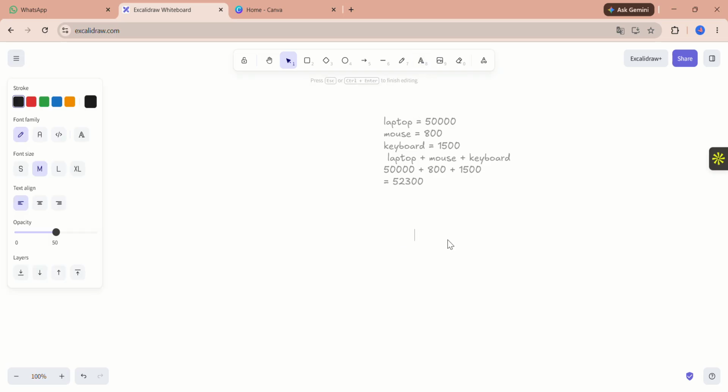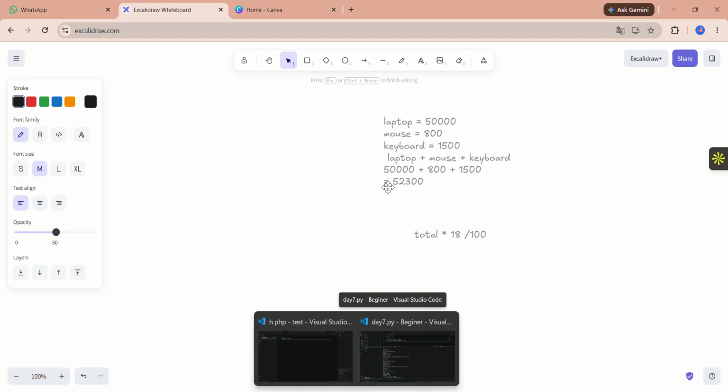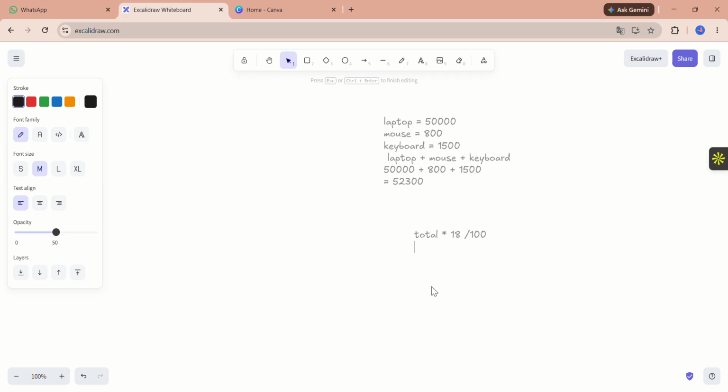Now we will add GST here. GST formula: total into 18 by 100. So what is the total price of these variables? Total price is 52,300 into 18 by 100.